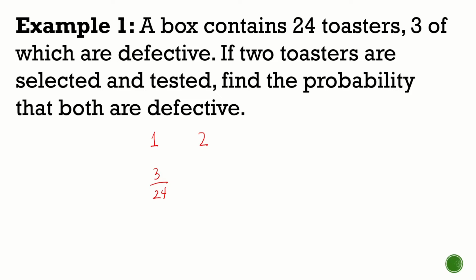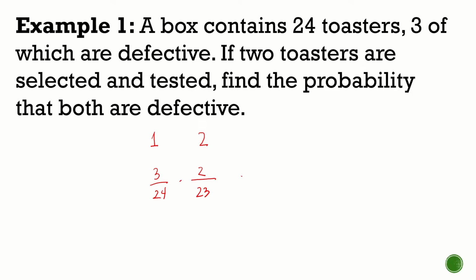So the denominator for the second one will be 23 now because you already picked one. And the number of desired outcomes in the second goes down to 2 because you subtract 1 from the 3. So 3 minus 1, you picked 1, that's 2. Since you already picked 1, you also subtract 1 from the denominator and now you have 23.